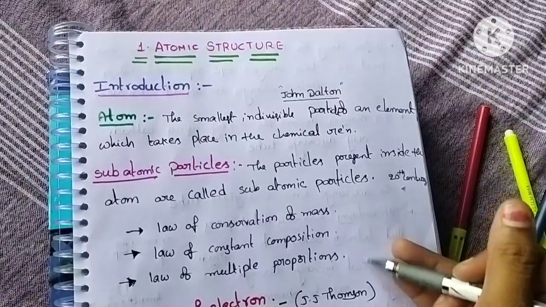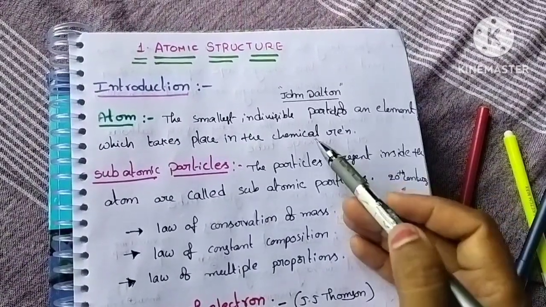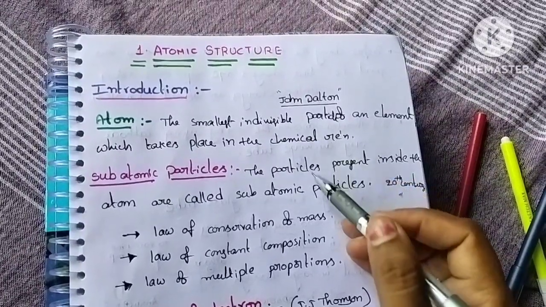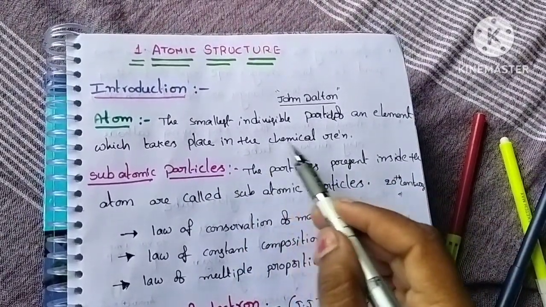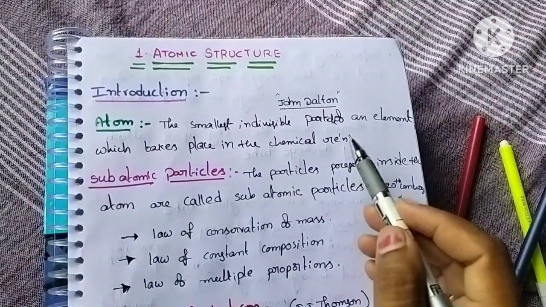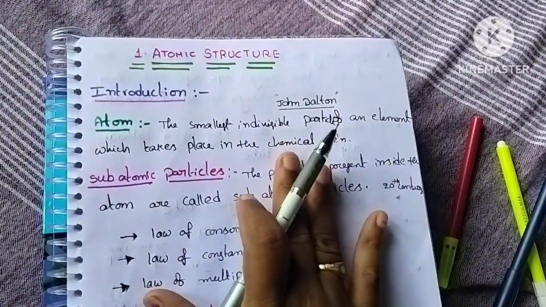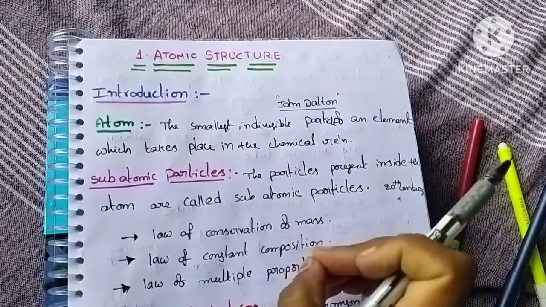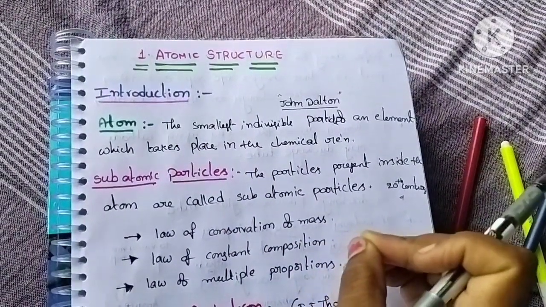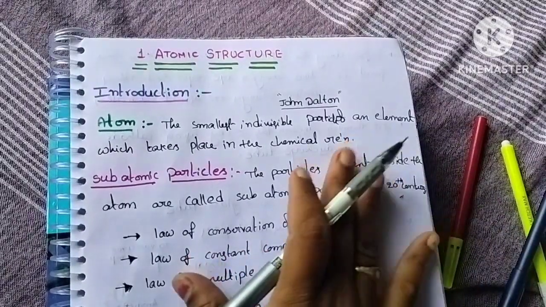By using these three laws, the atom is defined as the smallest indivisible particle of an element which takes part in chemical reactions. That means the atom is indivisible, that means uncuttable. The smallest uncuttable part which takes part in a chemical reaction is called the atom.